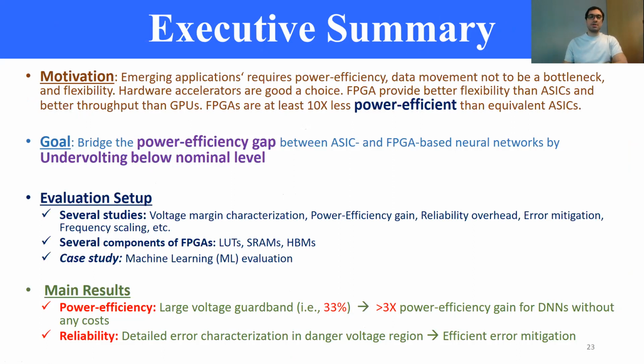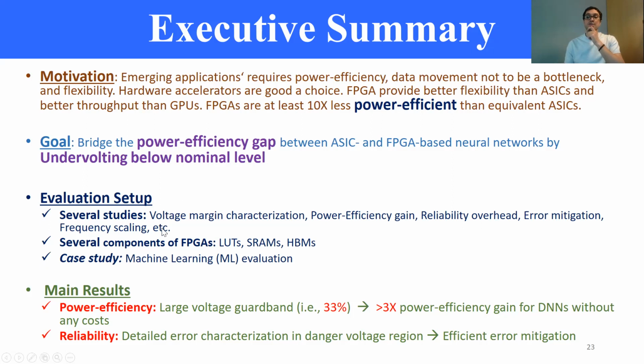So I'd like to summarize the presentation today. We have discussed the requirements of emerging applications for FPGAs because of the unique features that FPGAs have, especially their flexibility, better than ASICs, and also better throughput than GPUs. However, FPGA power consumption is a serious concern, and we tackle this problem through a hardware-level technique, undervolting.